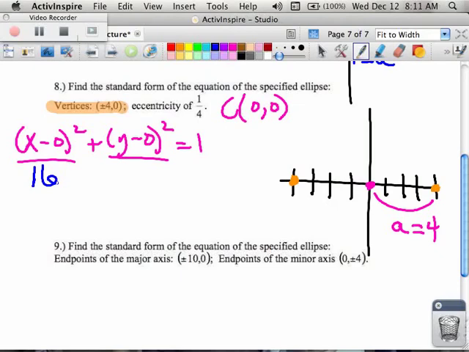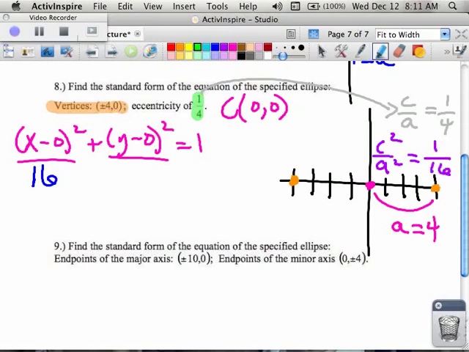Then they tell me my eccentricity. Now the interesting thing about your eccentricity, if you remember, is that it's the same thing as c over a. So since c over a is 1 over 4, what if we looked at what c squared over a squared would be? Well, that would be 1 over 16. Hey, take a look. I notice that this a squared was the 16, which means that c squared is 1.